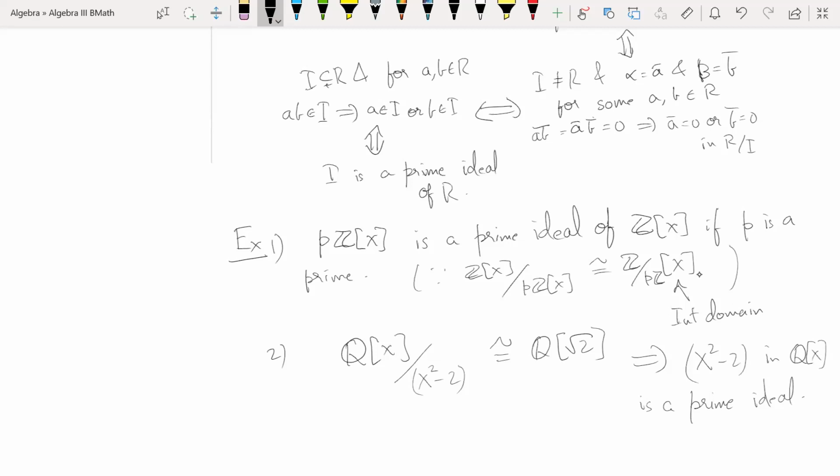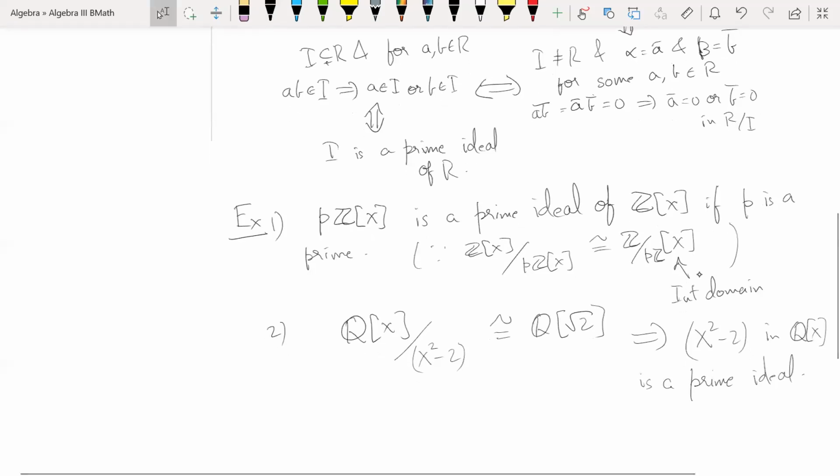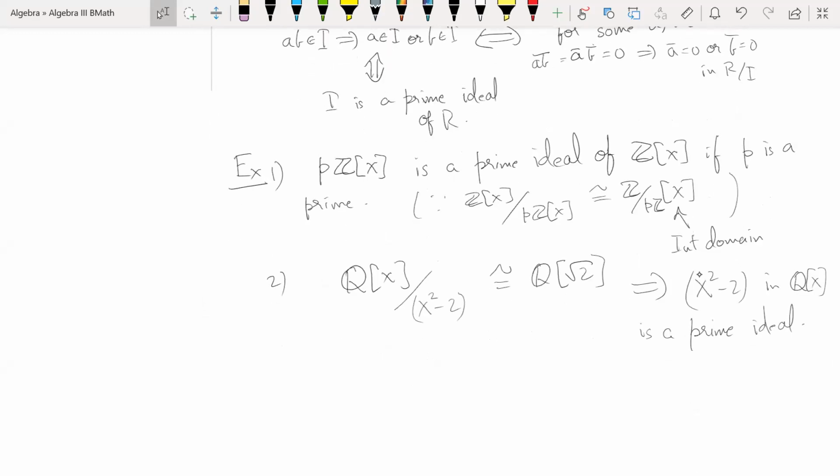Any questions? If there are no questions, we'll see more examples. In the first one, 0 will also work. So there are many more prime ideals in Z[x]. 0 is also a prime ideal because Z[x] is an integral domain.